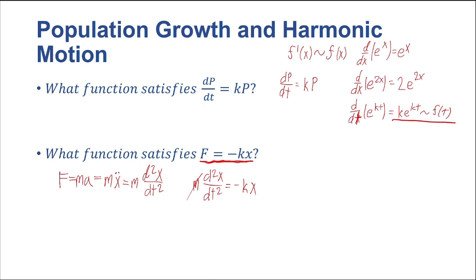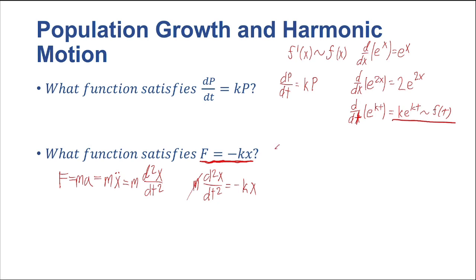So now we are looking for a function that when you take its derivative twice, you arrive at the negative of that function, and it is also proportional. So what function, if we differentiate it twice, gives us the negative version? This sounds a lot like trigonometric functions.